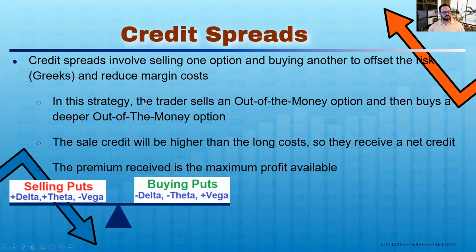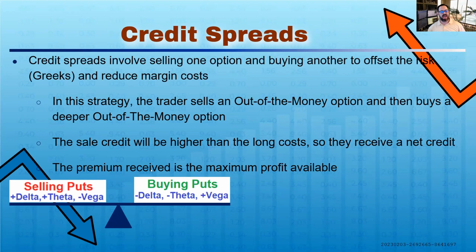So again, kind of putting it all together here, if we sell puts, we have positive delta, positive theta, negative Vega. So we profit if the price of a security goes up, and we lose money if the price goes down. We profit from time decaying, and we lose money if volatility goes up.